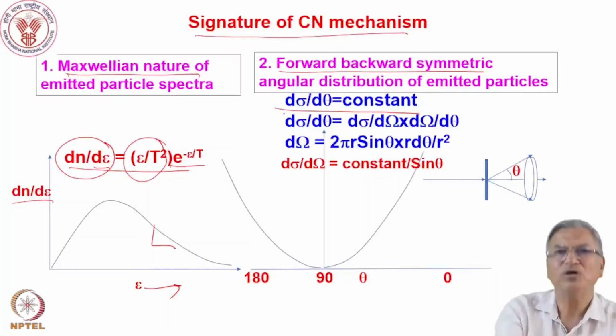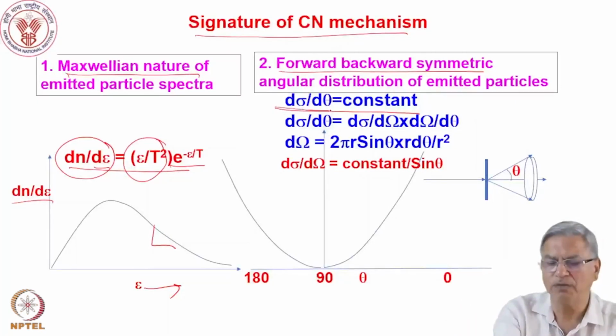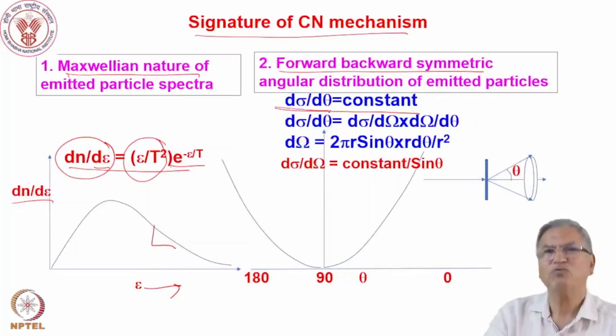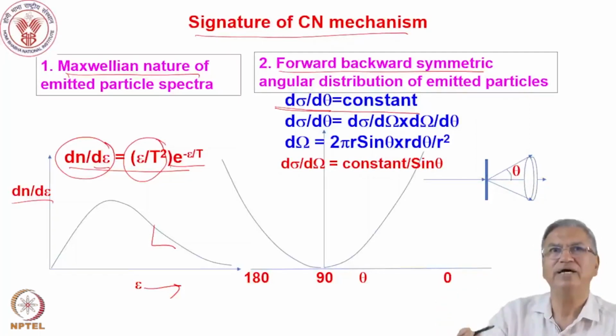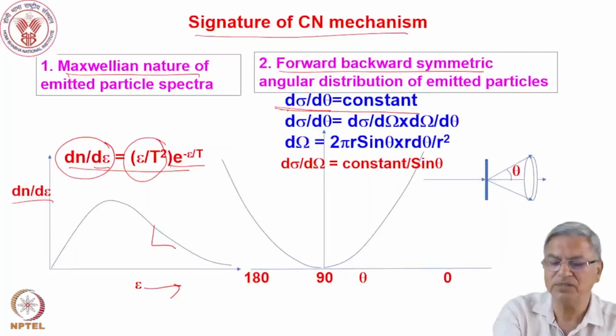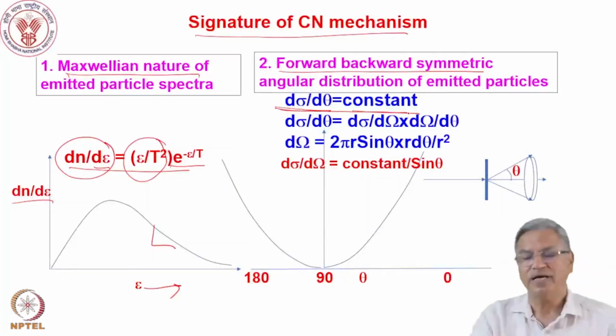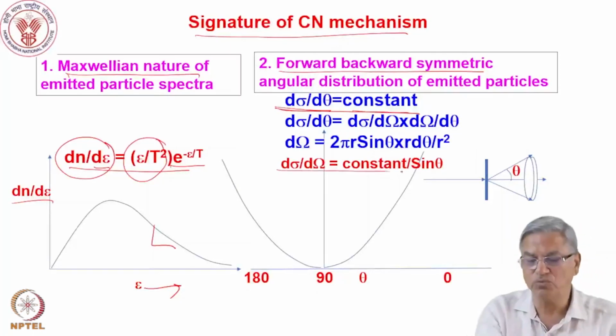So the angular distribution we call d sigma by d theta. At a particular theta, there is the same number of particles at all angles. So d sigma by d theta is equal to constant. I will try to explain what this translates into for the angular distribution.